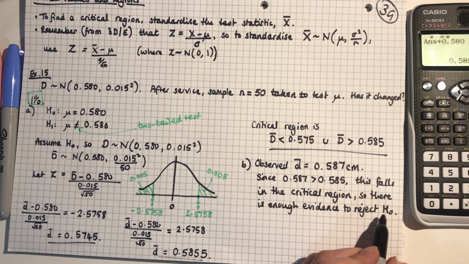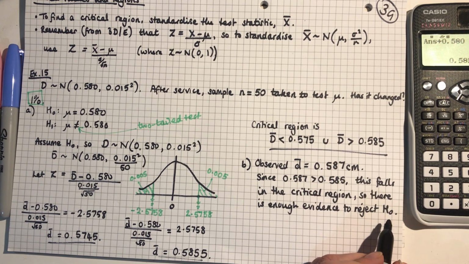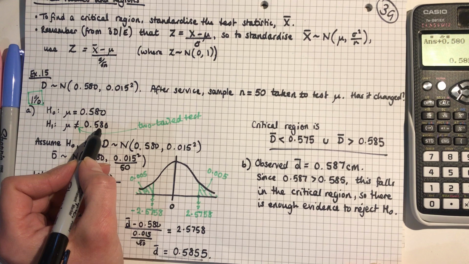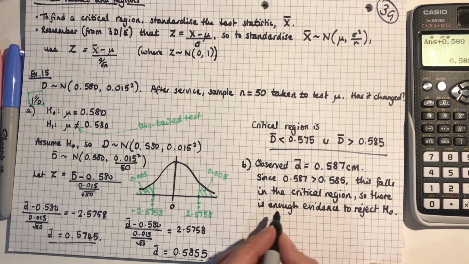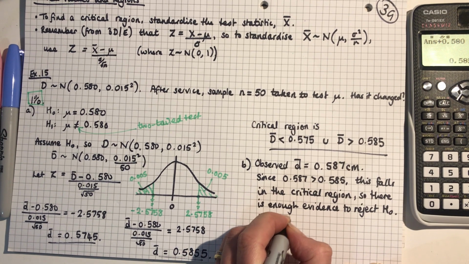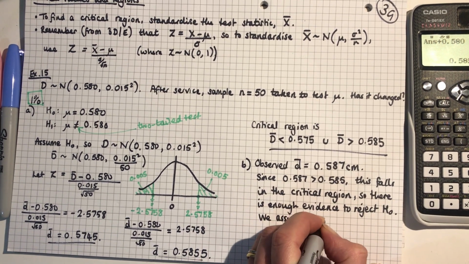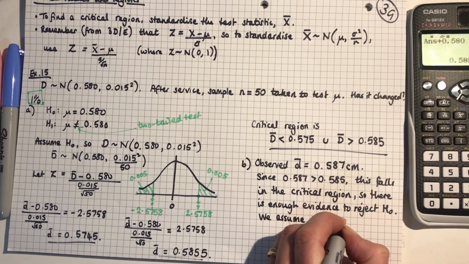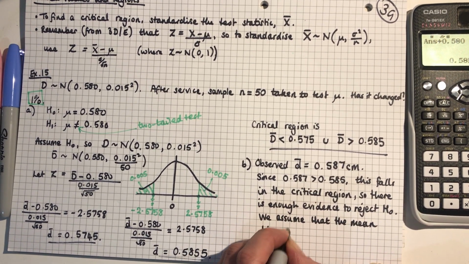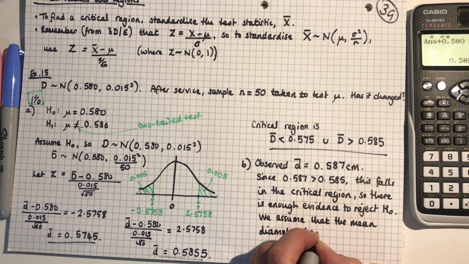So what does it mean to reject the null hypothesis? Well, that means we're looking at this one and we're saying that the mean has changed. So we can say we assume that the mean diameter has changed.